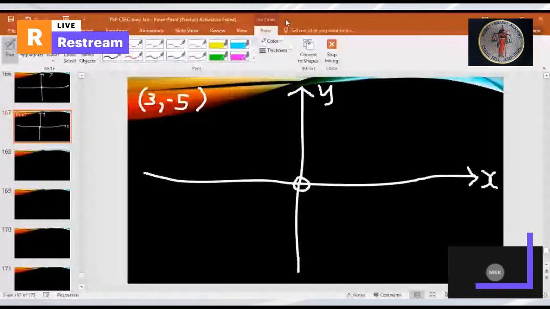Focusing on the x-axis, the horizontal line, to the right of the origin, these are positive x values, and they go to positive infinity. To the left of the origin, we have our negative x values, which go to negative infinity. Above the origin, on the vertical line, we have positive y values, which go to positive infinity. Below the origin, we have our negative y values, which go to negative infinity.